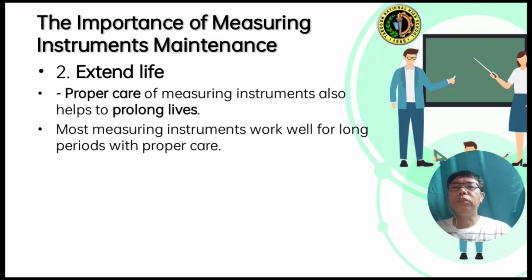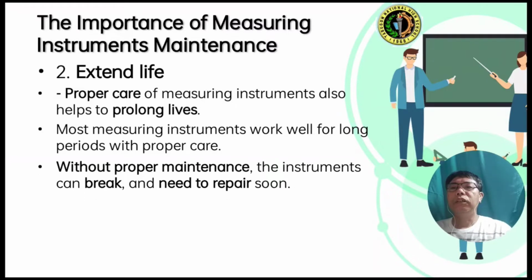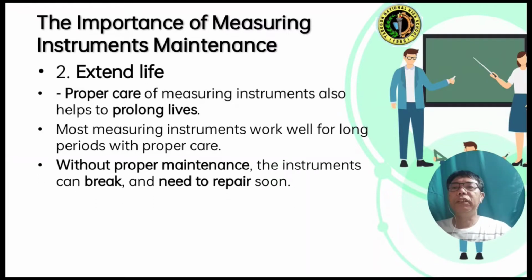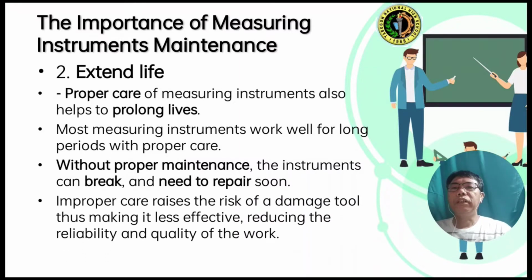Most measuring instruments work well for long periods with proper care. Without proper maintenance, the instruments can break and need to be repaired soon. So improper care raises the risk of a damaged tool, thus making it less effective, reducing the reliability and quality of the work.